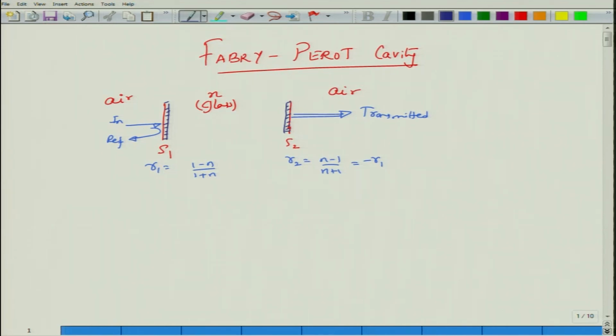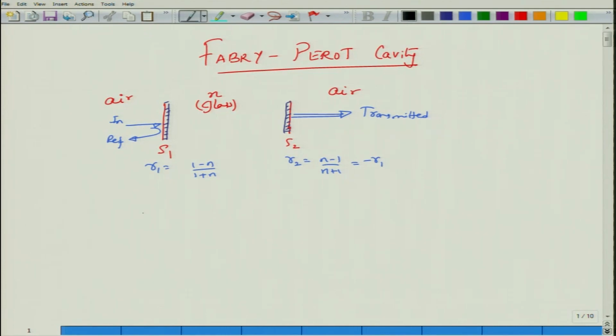We recognize that the reflection coefficient from the air to the glass interface is given by 1 minus n by 1 plus n for normal incidence, and from glass to air the reflection coefficient is n minus 1 by n plus 1. If you examine R1 and R2, clearly R2 is minus R1.